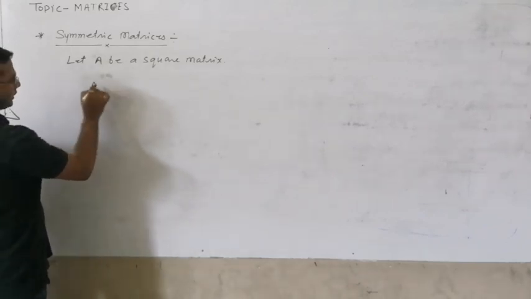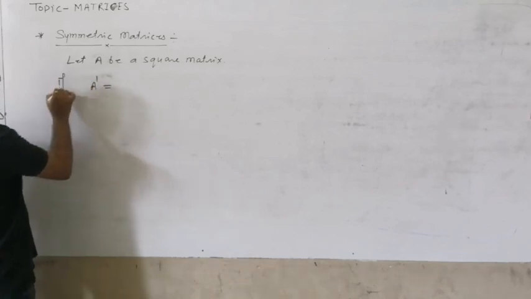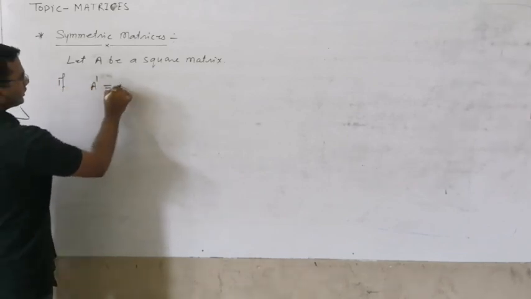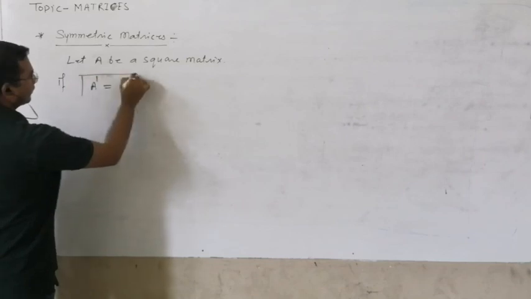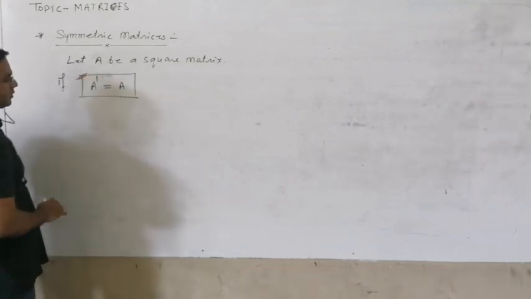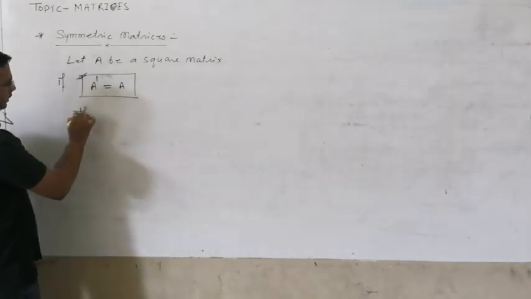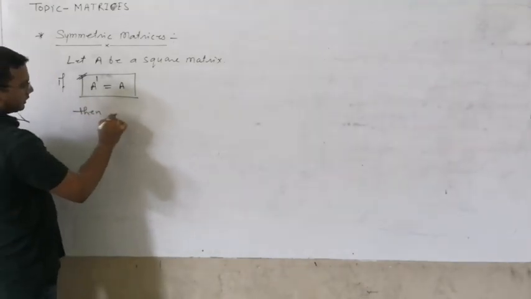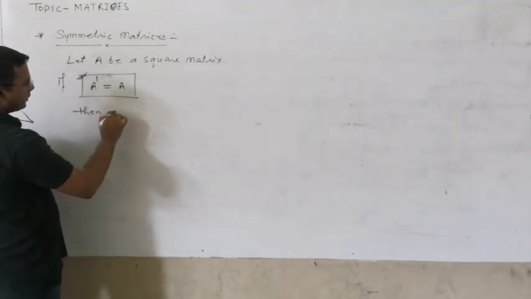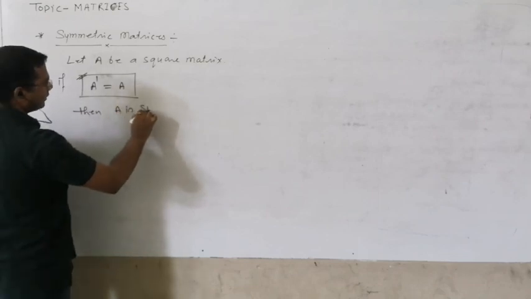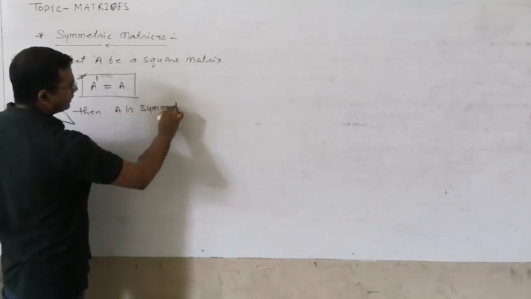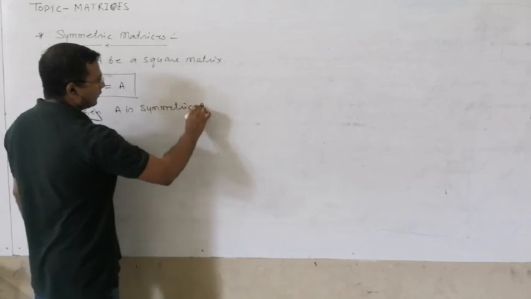If the transpose of A is equal to A, then we say A is symmetric matrix.